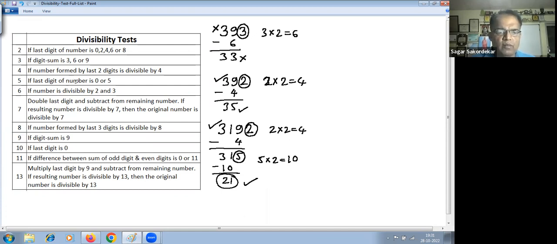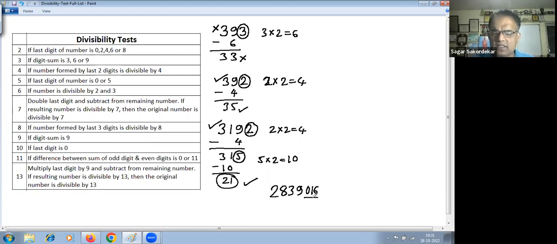8, it is like 4 here, but in 4 we are checking the last 2 digits. Here it is the last 3 digits. If the number formed by the last 3 digits is divisible by 8. For example, if you consider 2, 8, 3, 9, 0, 1, 6. Consider such a big number, but what you have to check here, as it says, is the last 3 digits. 0, 1, 6.